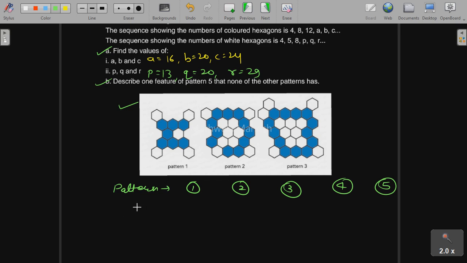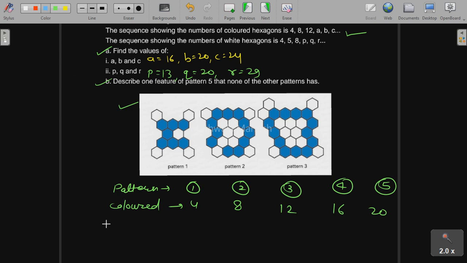The colored hexagons sequence is 4, 8, 12, 16, 20.